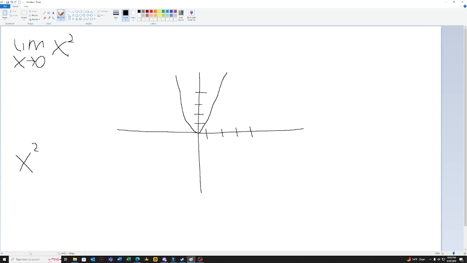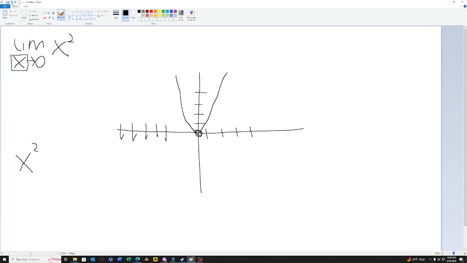Here x is the value we're looking at, so we'll be looking along the x coordinate. x approaches 0, so x of 0 would be right here on the axis. What y value does it approach when x is approaching 0? If you look at the graph, it approaches 0. So that would equal 0.